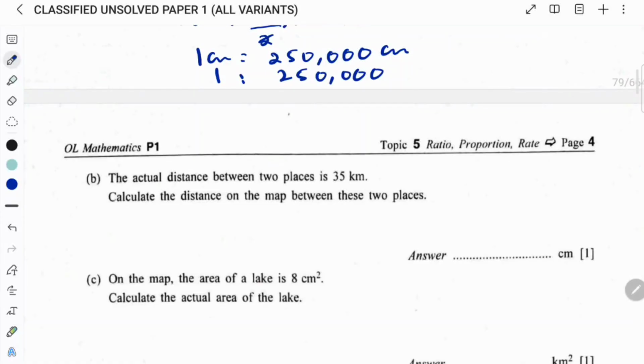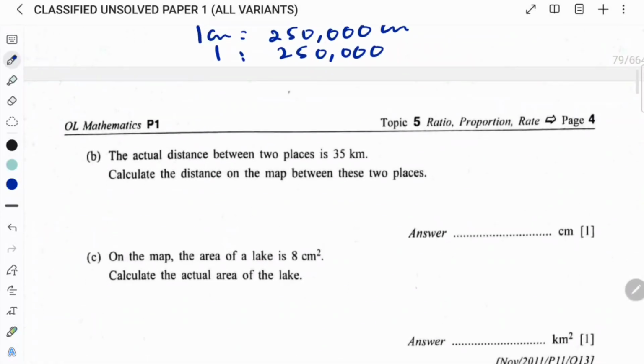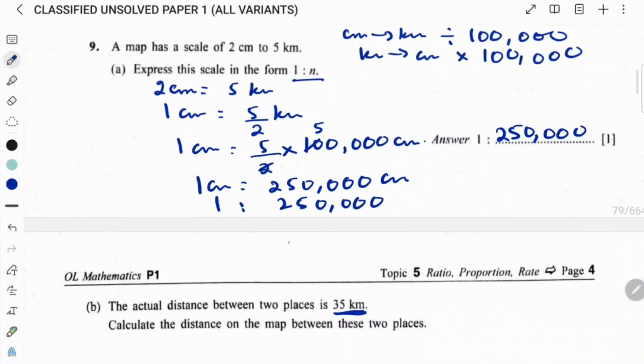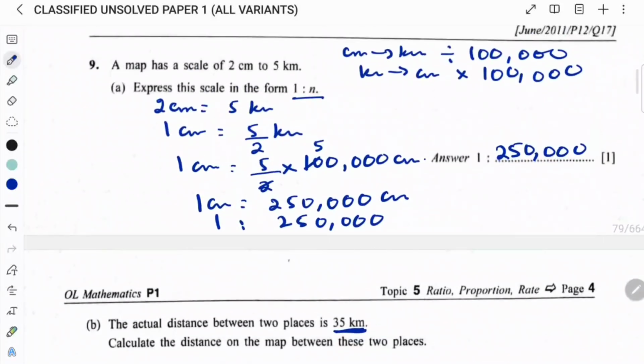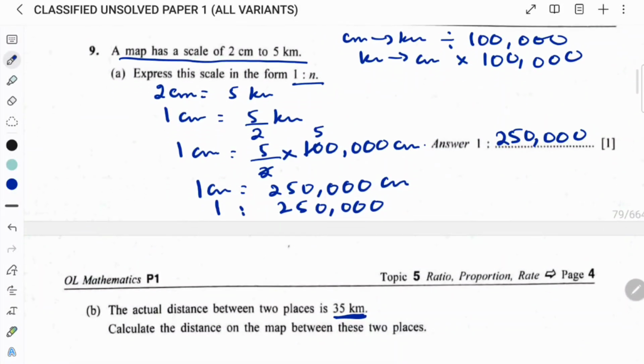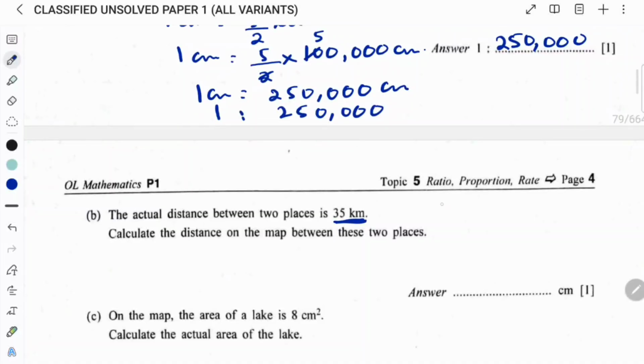Part B of the same question. The actual distance between the two places is 35 kilometers. Remember, we already have the scale that 2 centimeters is 5 kilometers, and we'll use the same thing in the parts of the question. So 2 centimeters is equal to 5 kilometers. Calculate the map distance. So x centimeters is required wherever 35 kilometers is given.